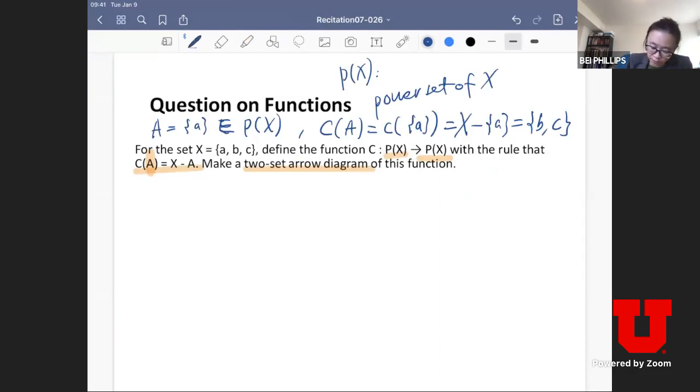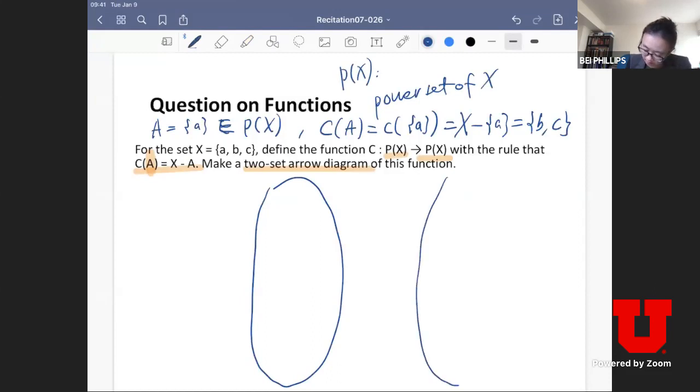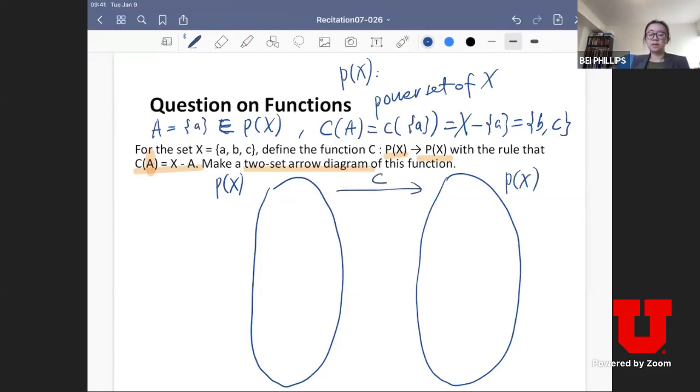So in order to draw this, what I'm going to do is draw the sets, which are both the power set of X, and my function is C that maps elements from one to another. So can someone tell me what are the elements in the power set of X? Do I have a volunteer?